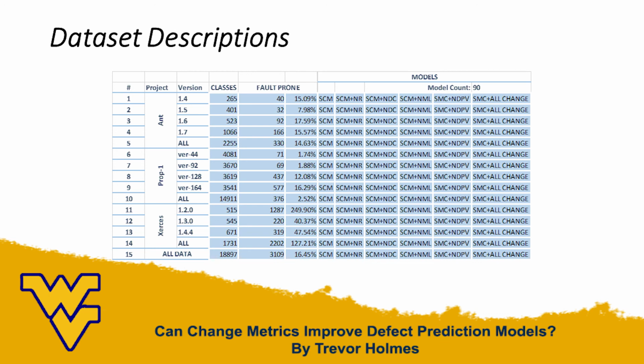And then we merged all of the data into one large data set. For each of those 15 data sets, we created a simple model and then 5 advanced models. So there was a total of 90 models that we created, trained and tested.